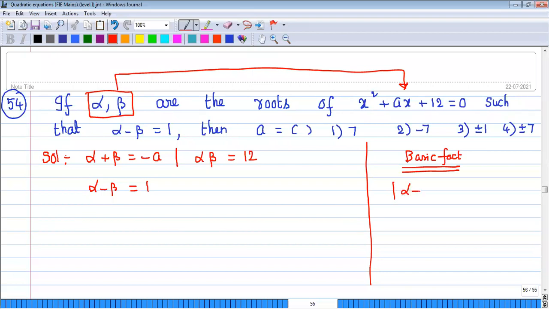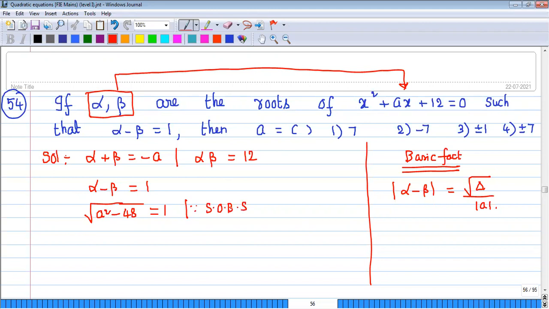Modulus of alpha minus beta is equal to root of discriminant upon mod A. So that means alpha minus beta is equal to root over delta. Delta means b square minus 4ac. B square minus 4ac means a square minus 4ac, that is 48, upon 1, equal to 1.